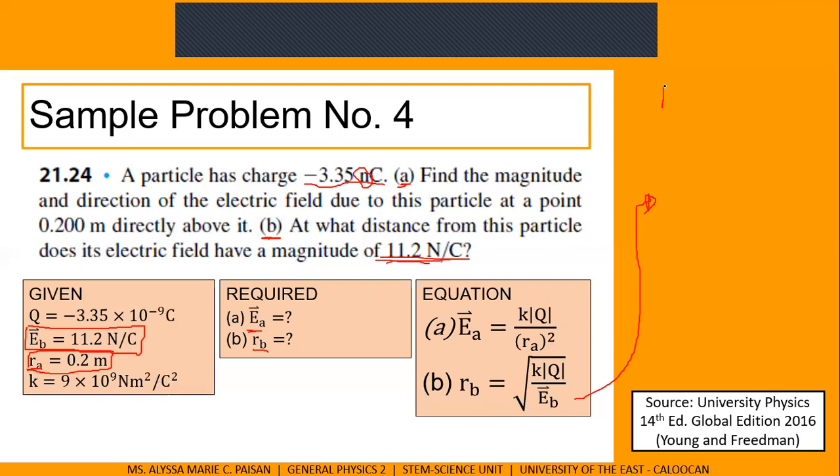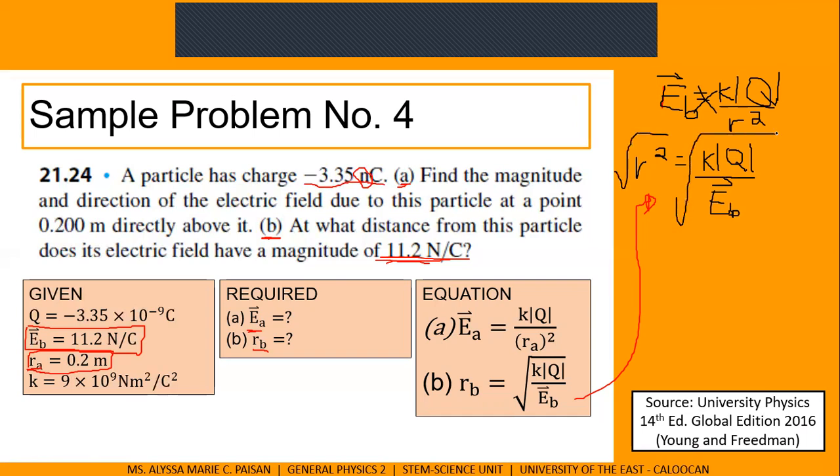So, galing yan dun sa E B, syempre. Okay. Is equal to K Q over R squared. Okay, so we cross multiply and it will become R squared equal to K absolute value Q all over E sub B. Tapos pag nakakita ka ng square dito, dapat extract mo yung root niya, no?